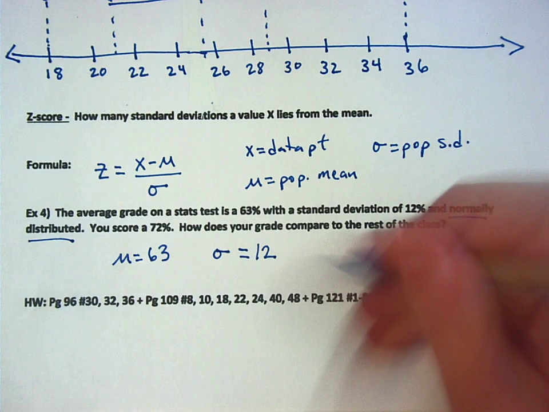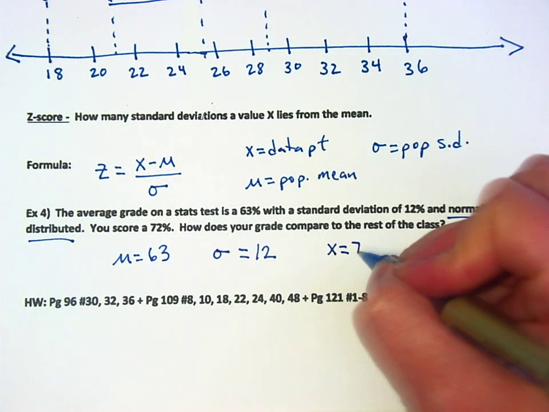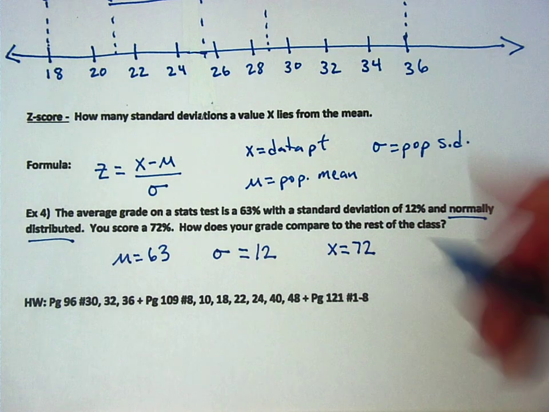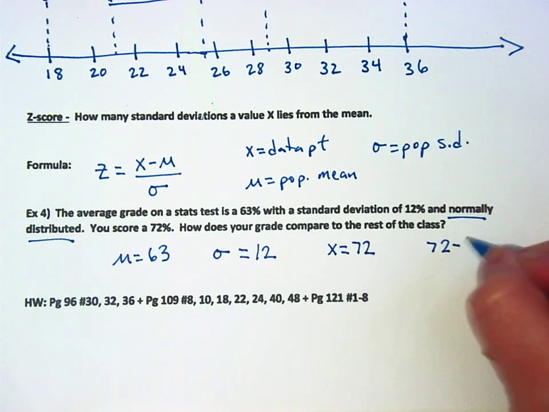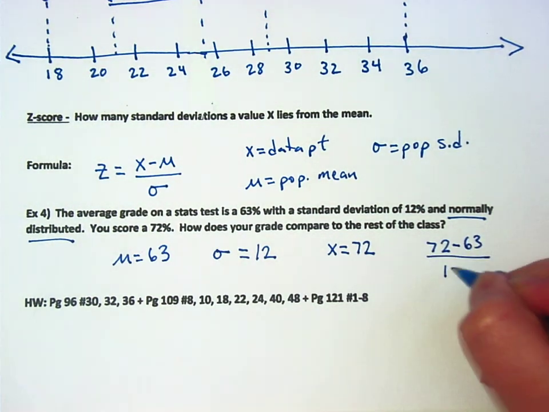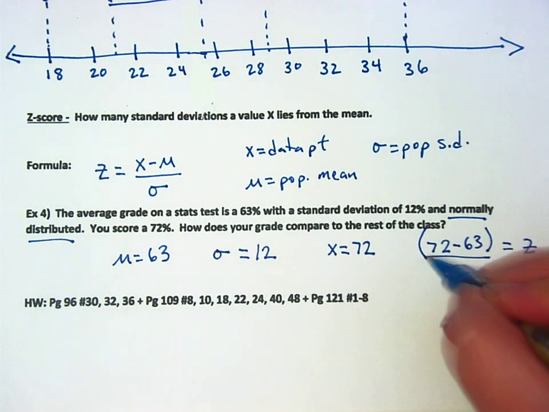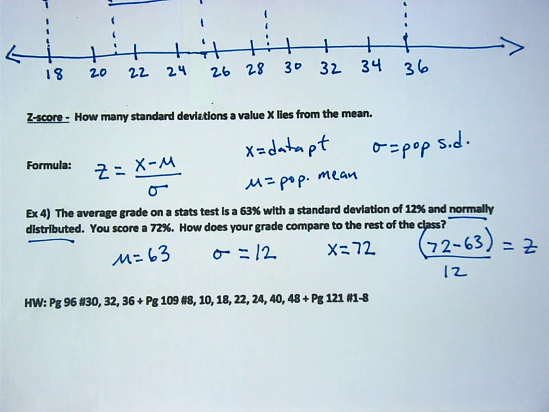You score a 72. That's your data point. How does your grade compare to the rest of the class? So, x minus mu over sigma gives you a z-score. Make sure that when you put this into your calculator that you have parentheses around the top or it will not go right.